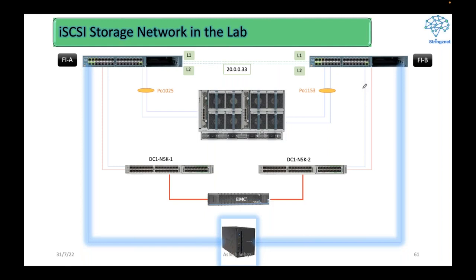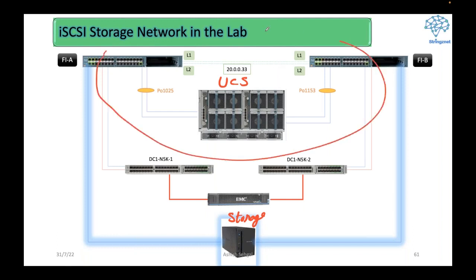Why this particular topology? Because over here you can see there is a merger of two different technologies. One is called unified computing system and one is called the storage. This is our storage, this blue glowing line, and the rest, this part, is our unified computing system.